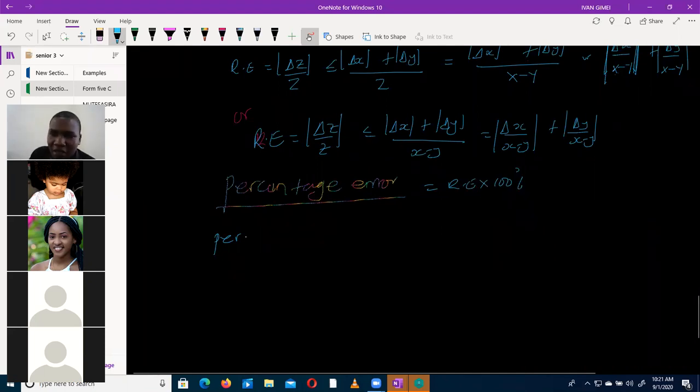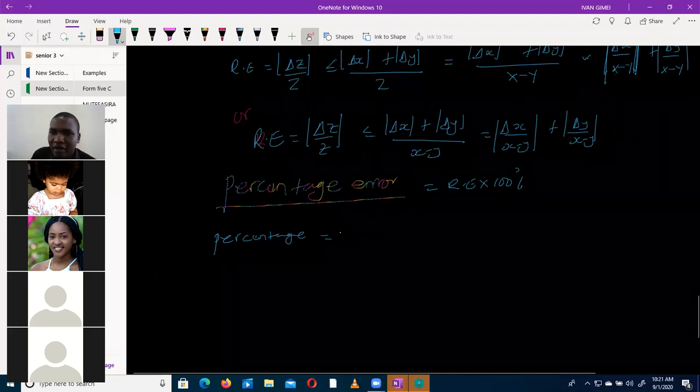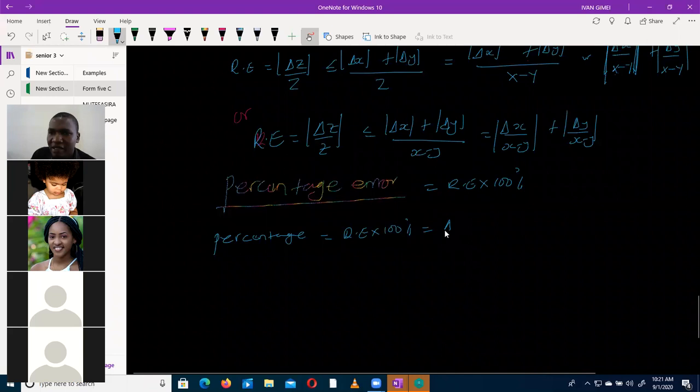So our percentage error will be the same as relative error times 100%, which, of course, is this out of that, times 100%.